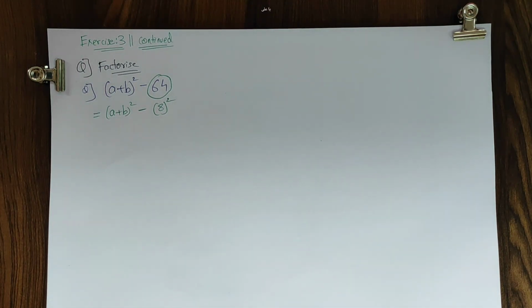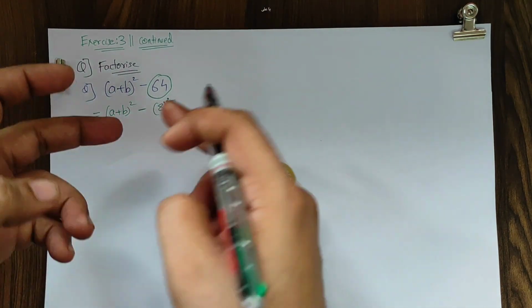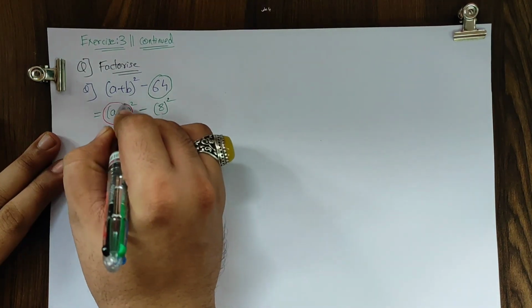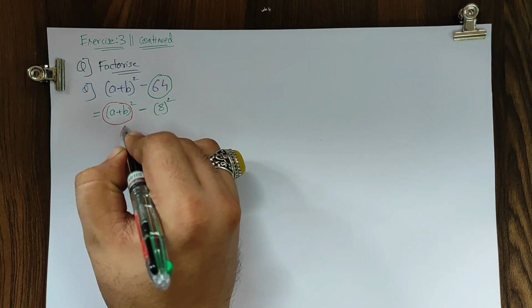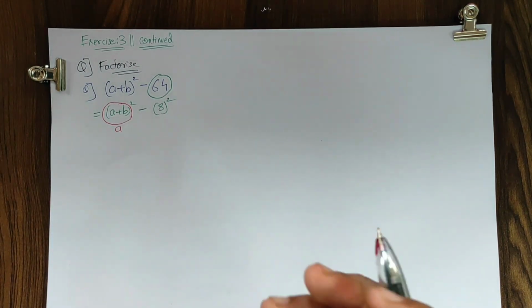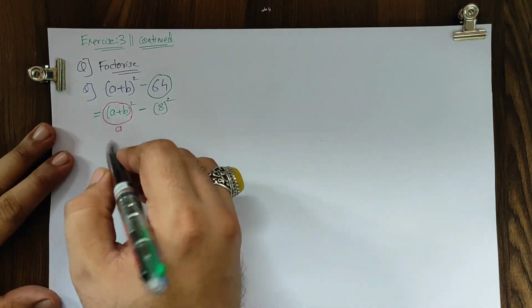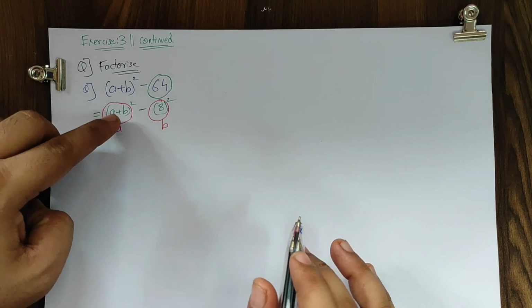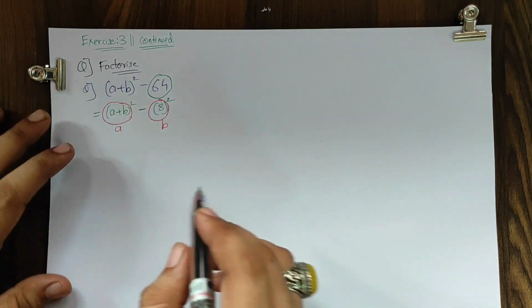So I have something ka square minus something ka square. In my submind, if I consider this a plus b for a moment as a, एक इंस्टेंट के लिए मैं अपने मन में सोचता हूँ कि ये a प्लस b नहीं है, ये a है, और ये 8 नहीं है, ये b है.